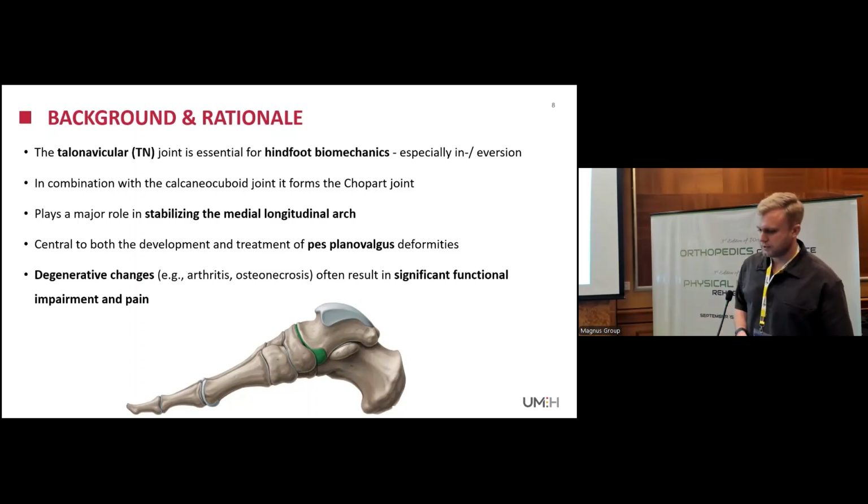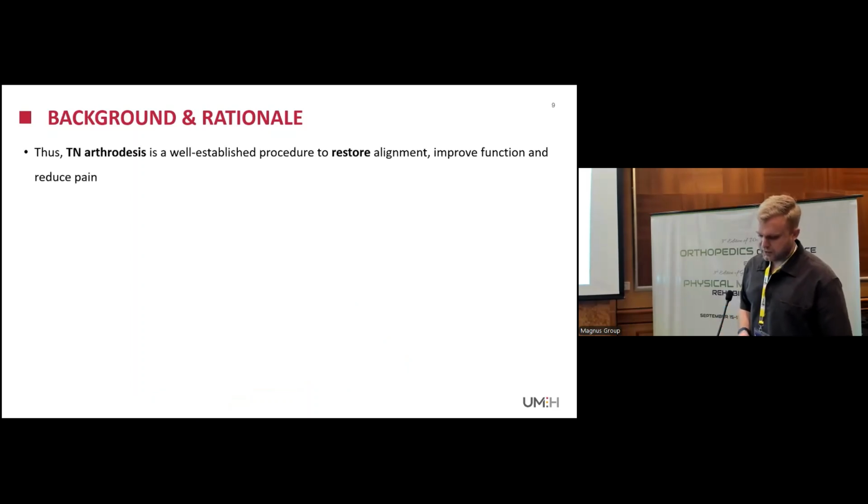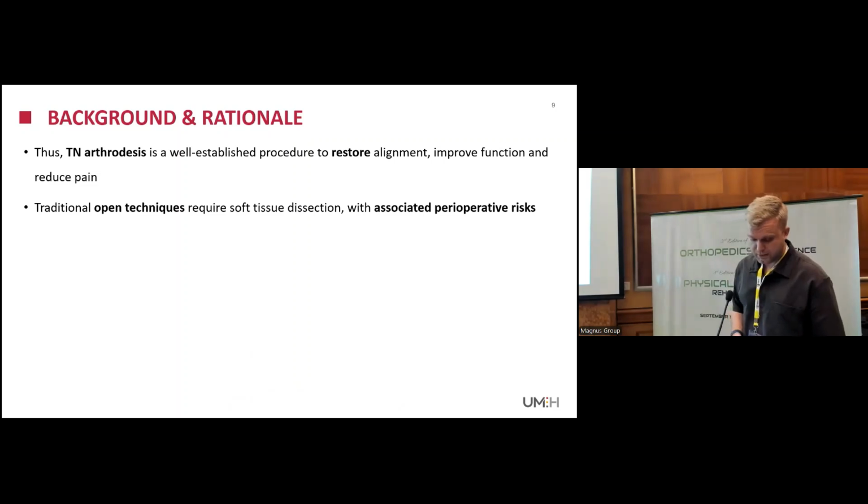And these are the typical patients that we see at our university hospital. They have degenerative changes in the TN joint and complain about pain and functional limitation. Thus, the TN arthrodesis is a well-established procedure to restore alignment, improve function, and reduce pain of the patients.